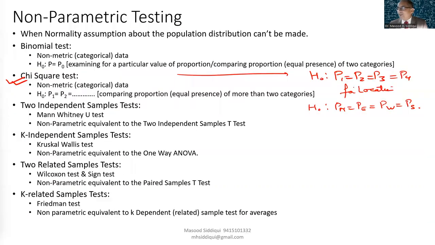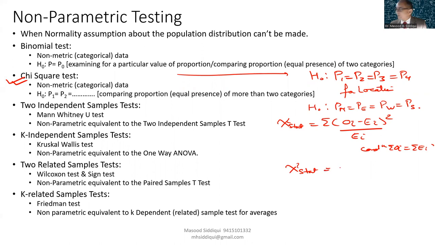As we have discussed here, the chi-square stat is sigma (Oi minus Ei) whole square divided by Ei, with the condition that sum of Oi equals sum of Ei. Here the chi-square stat is 14.4, and accordingly the p-value or significance is 0.002, which is less than 0.05.